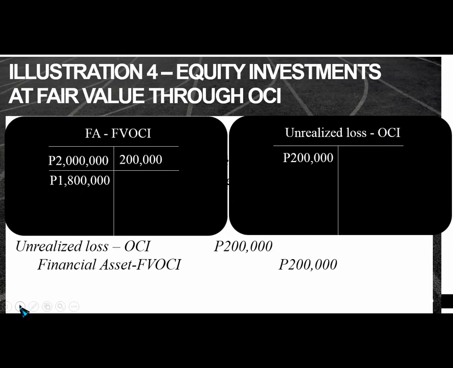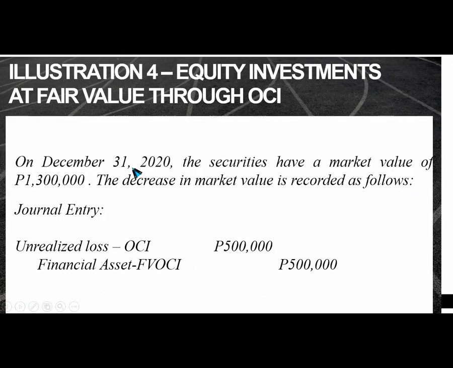So by December 31, 2020, the marketable securities have a market value of 1.3. From 1.8, it decreased further to 1.3, a decrease of 500,000. To record the decrease, you debit unrealized loss 500,000 and credit FVOCI for 500,000.